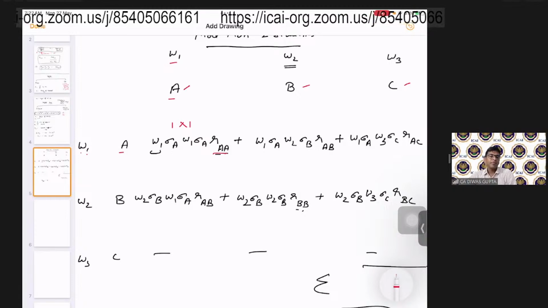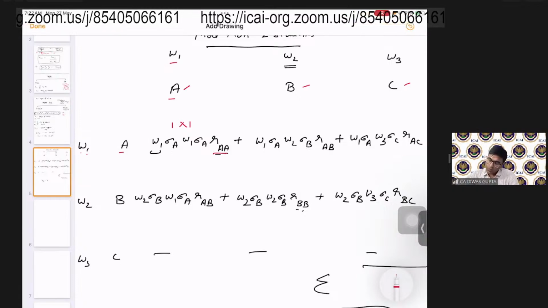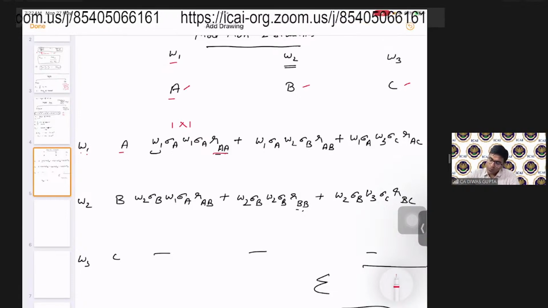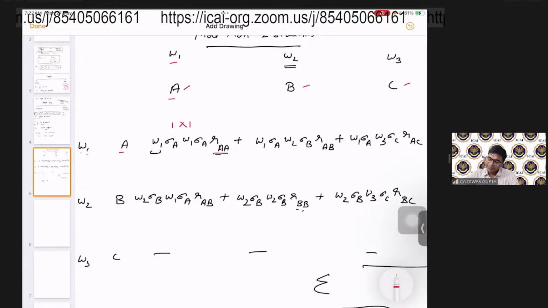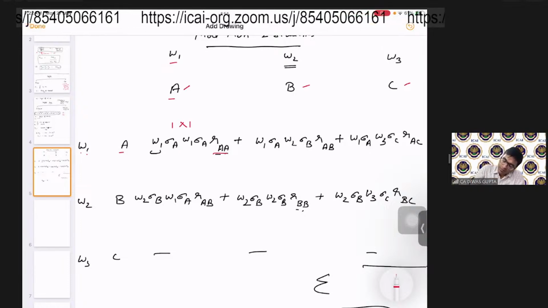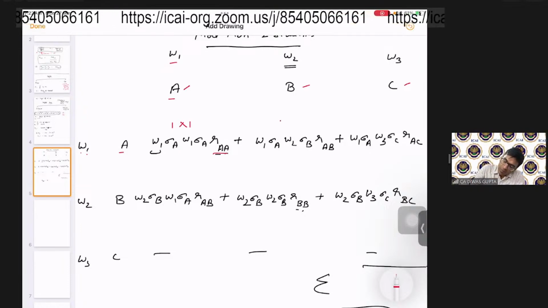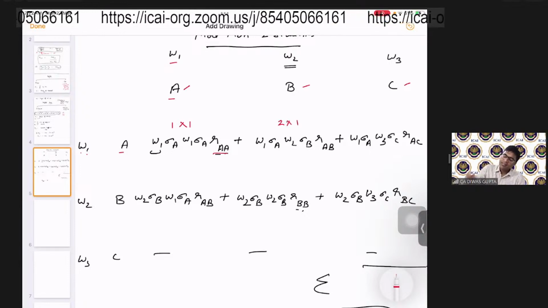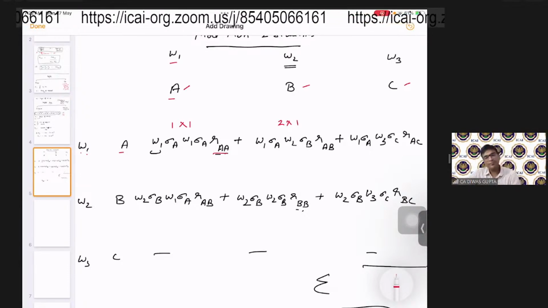Yes, same. So RAA, we can take it as 1. Then what about the 2 by 1? 2 by 1 here is the second column and first row.